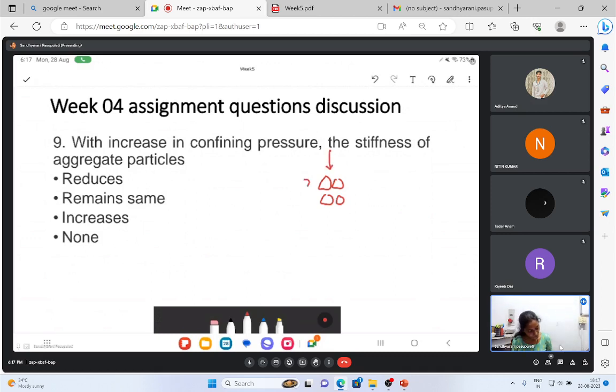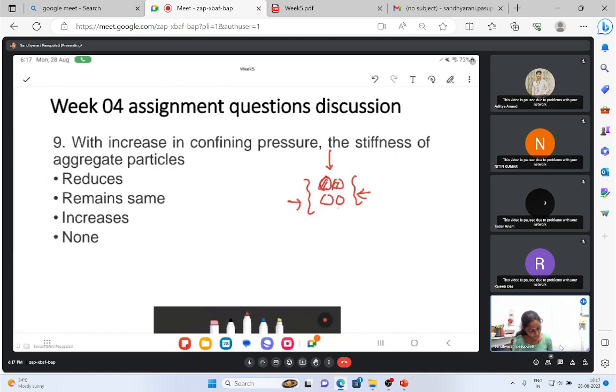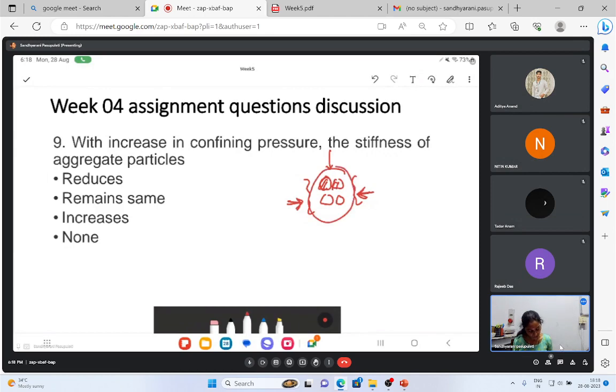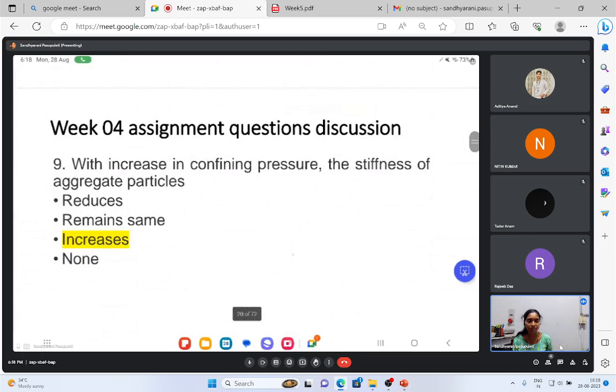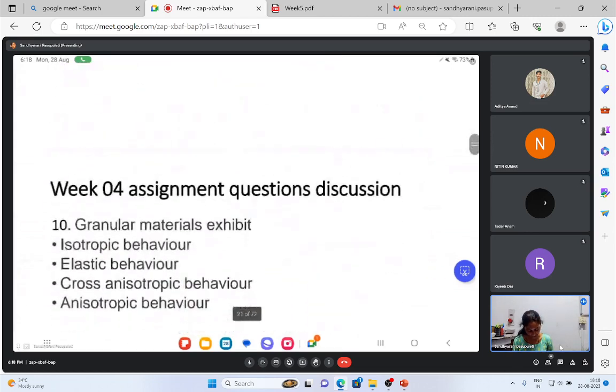If there is no support from the sides, there is a higher chance that these aggregates will collapse because confining pressure is 0 here. If I increase the confining pressure from the sides, there is a higher chance that this aggregate can be stiffer in state. So the stiffness of the aggregate particles would increase if we increase the confining pressure.